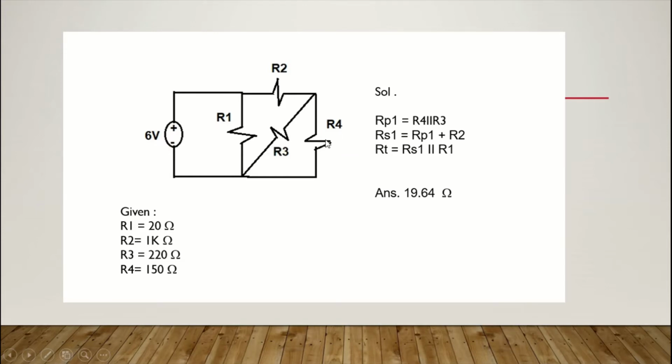So, iparallel natin sila. Let's say this parallel R4 and R3 is RP1, resistors parallel 1. So, RP1 is equal to R4 parallel R3. I use this symbol, two lines na nagparallel.